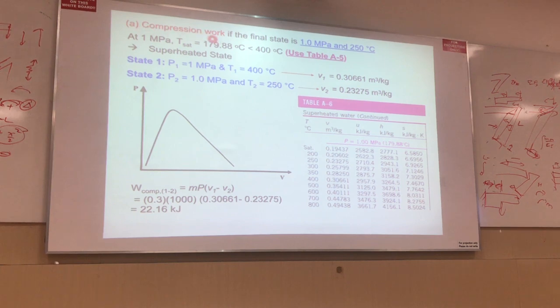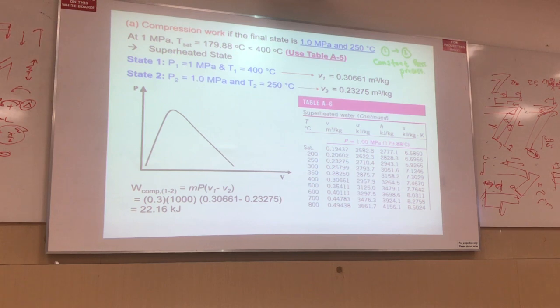Compression work: if the final state is 1 megapascal and 250 degrees Celsius, that means state 1 to state 2. What is the process? Constant pressure, 1 megapascal at 400 degrees Celsius and 1 megapascal at 250 degrees Celsius. So 1 to 2 is a constant pressure process.